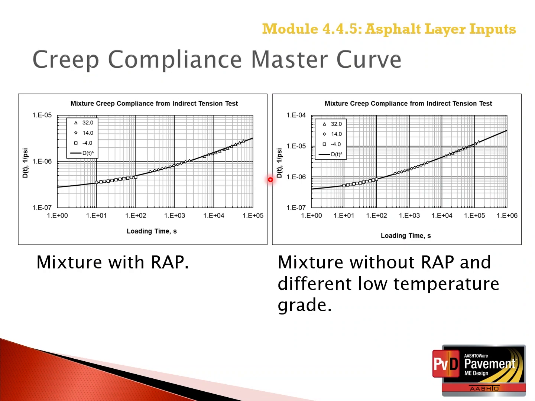The charts from the previous two slides are shown on this slide together to compare the creep compliance values between the two dense graded wearing surface mixtures. The chart on the left is for the asphalt mixture with a high percentage of wrap, while the chart on the right is for the different asphalt with a lower temperature grade and no wrap.